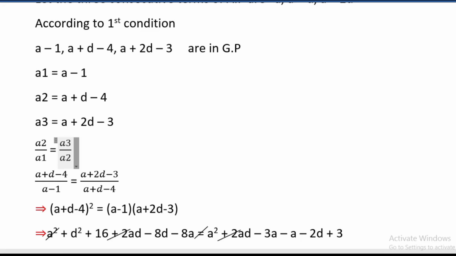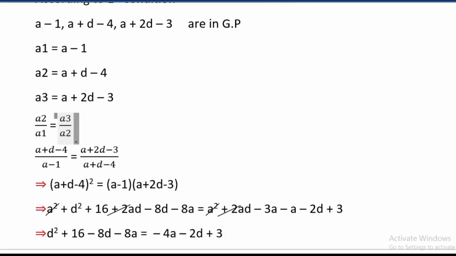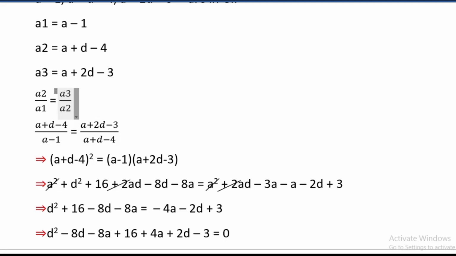The 2ad cancels, and a square cancels. So the remaining terms, that is d square plus 16 minus 8d minus 8a is equal to minus 4a minus 2d plus 3. So next, d square minus 8d minus 8a plus 16.